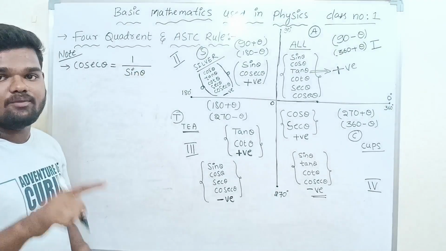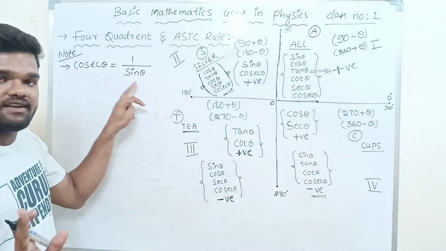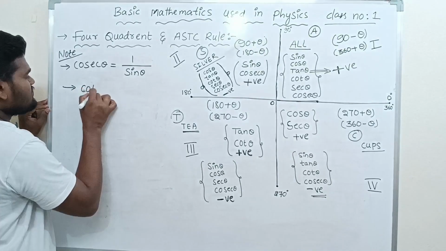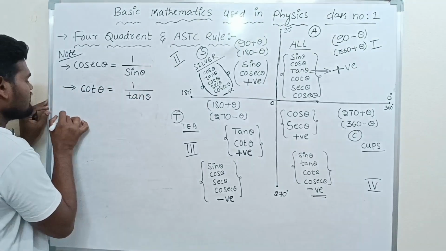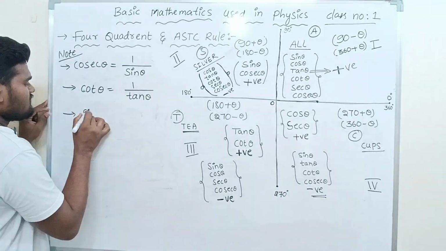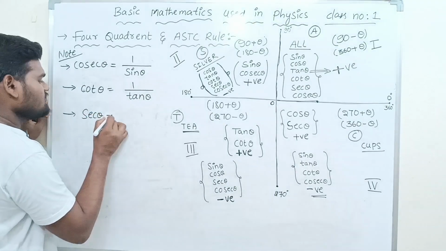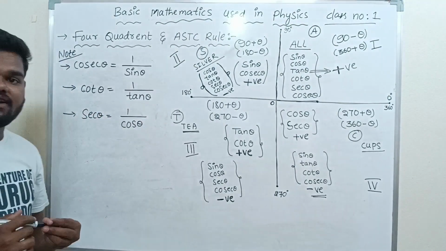In the first concept, trigonometric ratios, I said that cosec theta is equal to 1 by sine theta, right? And cot theta is equal to the reciprocal of tan theta. We write like this, right? And sec theta is equal to 1 by cos theta. We write like this in trigonometric ratios.